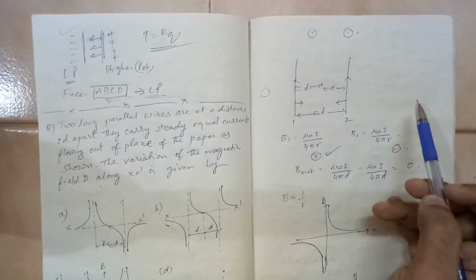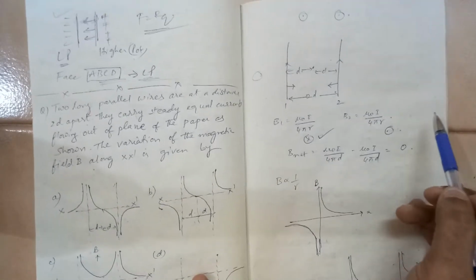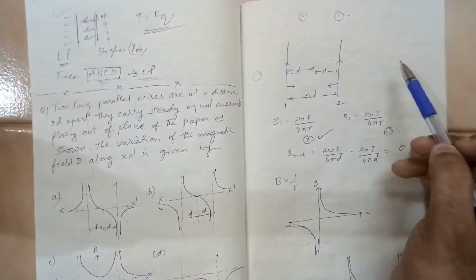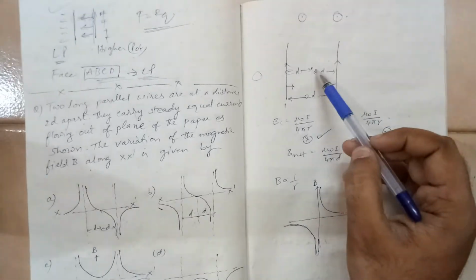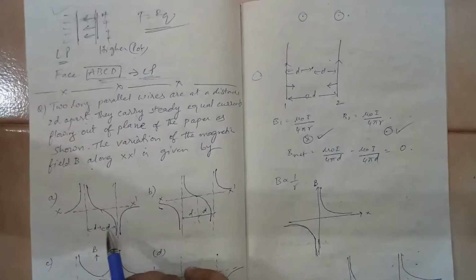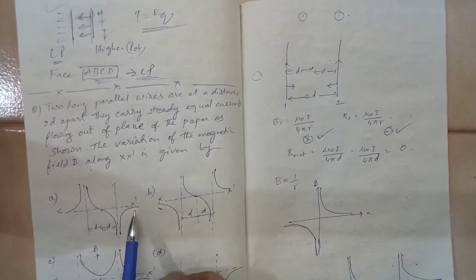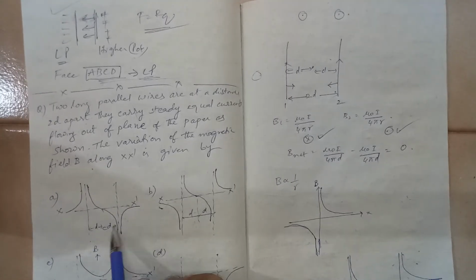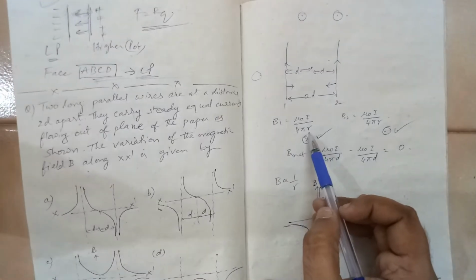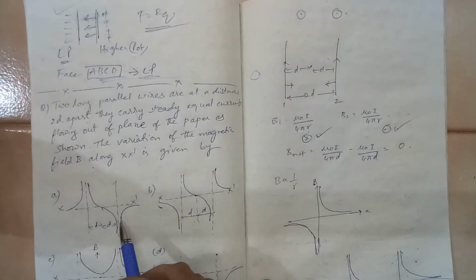This is for the long wire. Similarly for wire 2, on the left hand side it will be a dot, out of the plane of the paper.